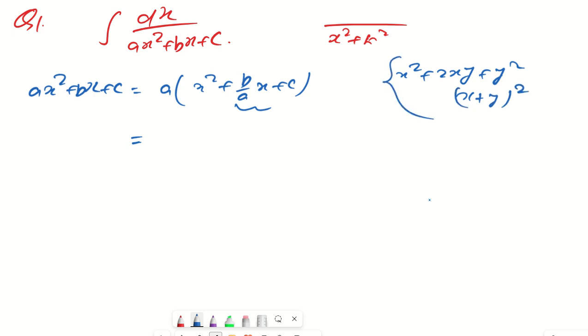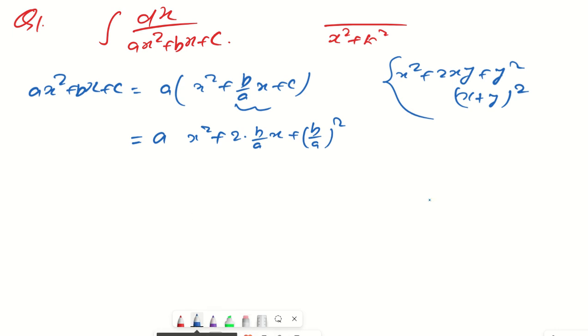Our aim is to make sure it comes into a square term. So a times we'll have x square plus 2 times b by 2a into x, plus (b by 2a) whole square, okay. So this is the thing we got.